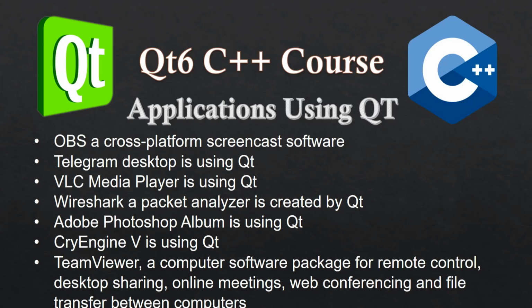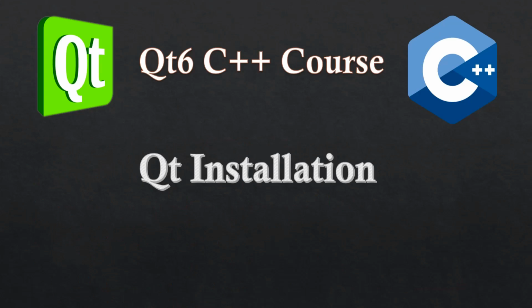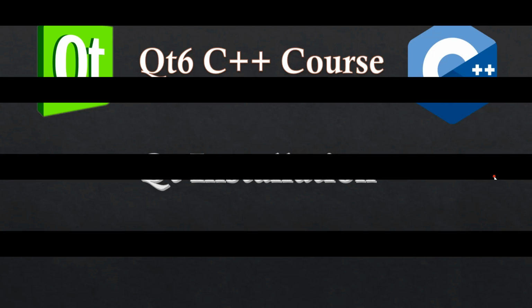Also CryEngine V, a game engine, is using Qt. TeamViewer, a computer software package for remote control, desktop sharing, online meetings, web conferencing, and file transfer between computers, is using Qt. There are a lot of software and applications built with Qt, but I have just named some of them. So now let's learn how we can install Qt.